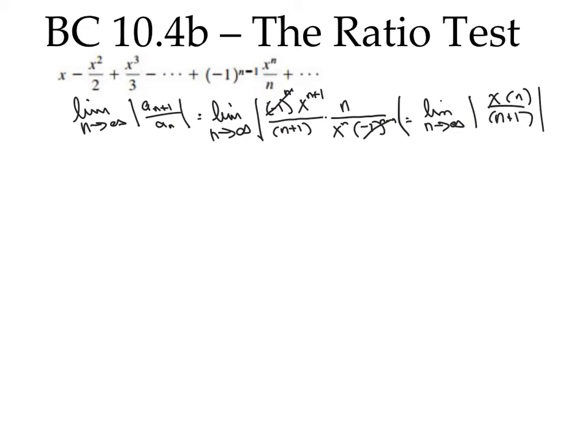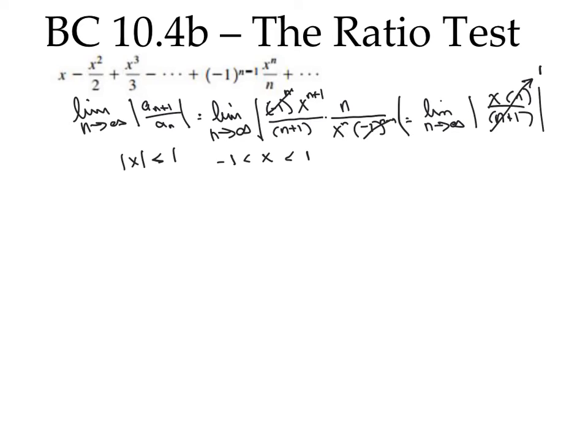The limit of n over n plus 1 as n approaches infinity is 1. And so the limit as n approaches infinity of a sub n plus 1 over a sub n is the absolute value of x, and by the ratio test, this will converge when that ratio is less than 1. So the interval of convergence is negative 1 to 1.